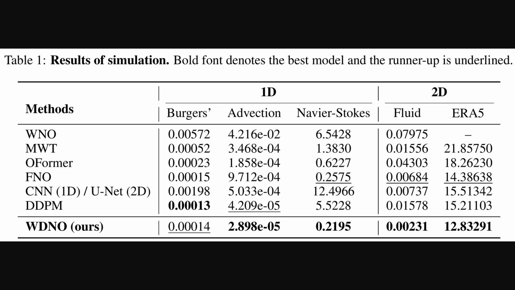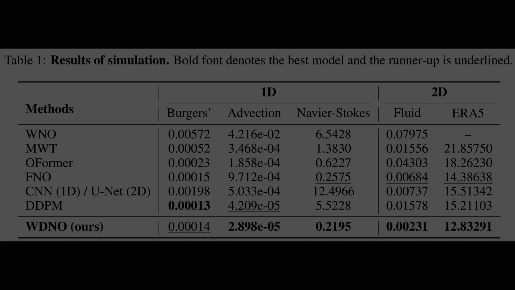Lower numbers here mean better accuracy, and as you can see, WDNO, our method, shown in the bottom row, consistently gets the best or very close to the best results, highlighted in bold. For instance, on 1D Navier-Stokes, its error is more than 2 times lower than the standard diffusion model DDPM. And on the 2D fluid task, it's an order of magnitude better. This really backs up their claims about performance.